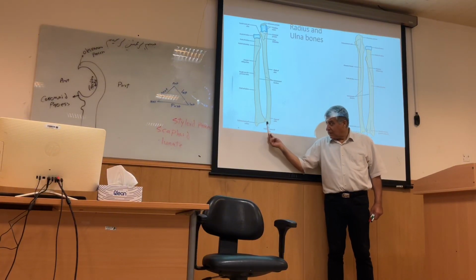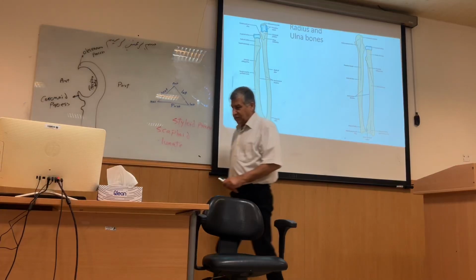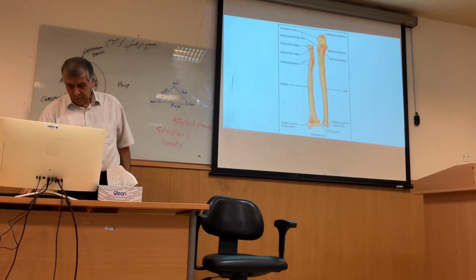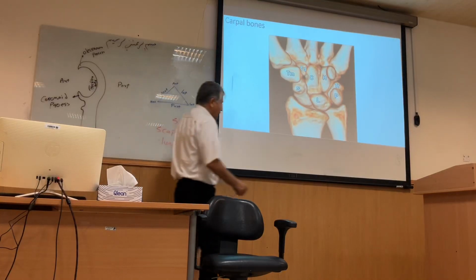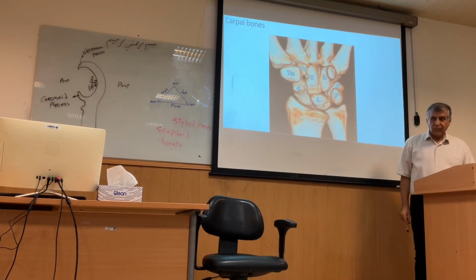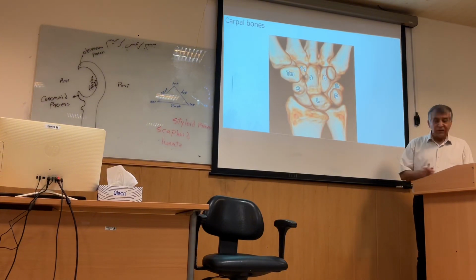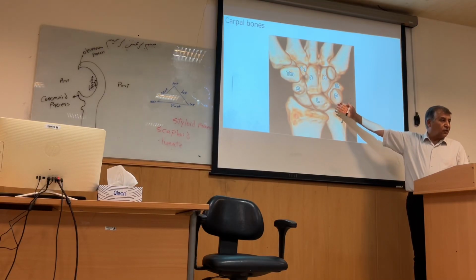This one, inferior surface. Inferior surface doesn't articulate to carpal bones. It doesn't contribute to formation of the wrist joint.